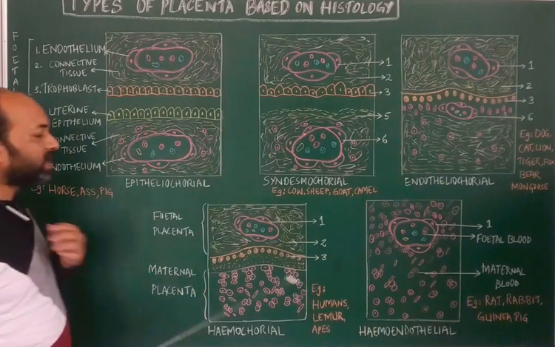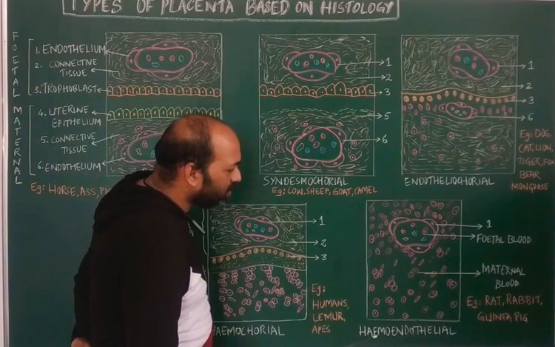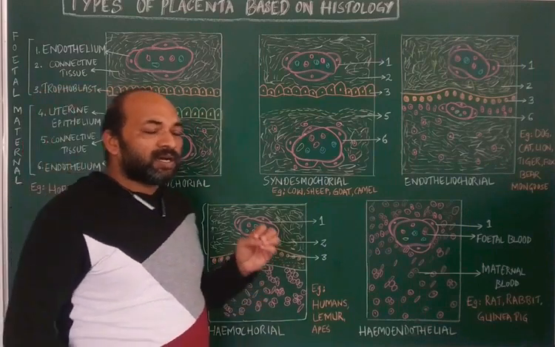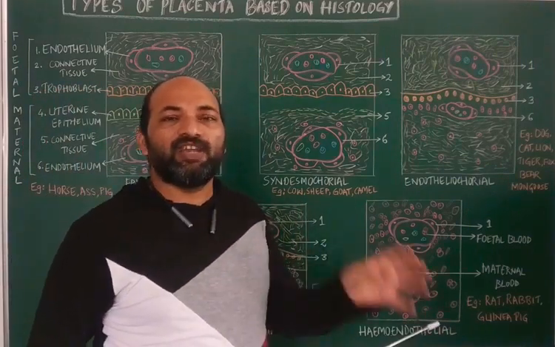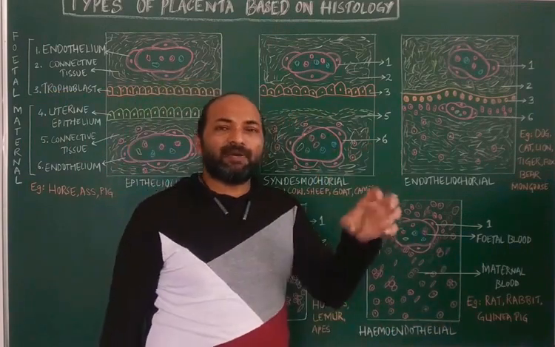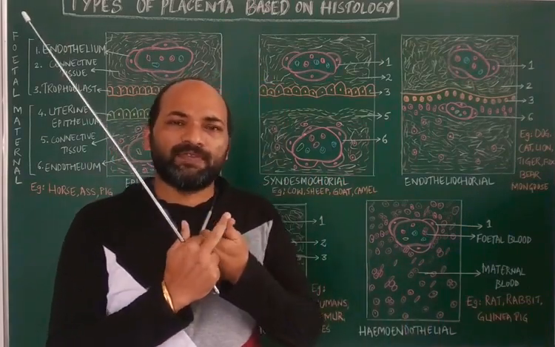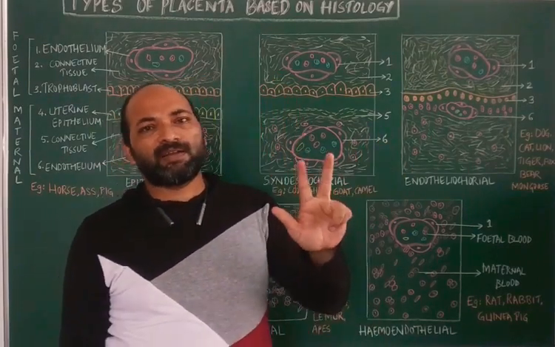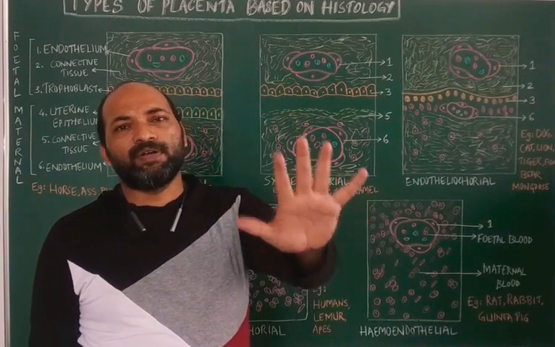And the last type of placenta you can see here is the Hemoendothelial placenta, which consists of only one barrier, and that barrier is the fetal endothelium. This means the remaining five barriers are totally absent: the connective tissue of the fetus, the chorion of the fetus, the uterine epithelium of the maternal part, the connective tissue of the maternal part, and the endothelium of the maternal part.